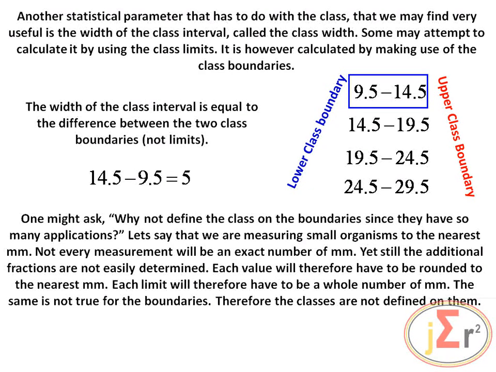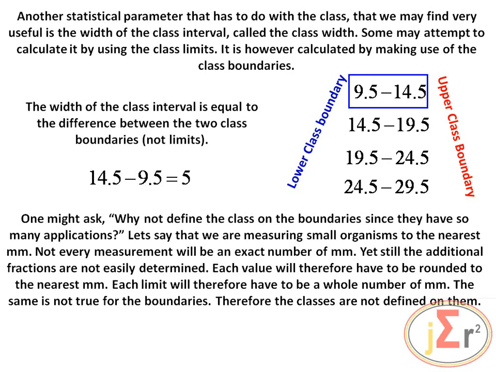Yet still, the additional fractions are not easily determined. Each value will therefore have to be rounded to the nearest millimeter. Each limit will therefore have to be a whole number of millimeters. The same is not true for the boundaries. Therefore, the classes are not defined on the boundaries.